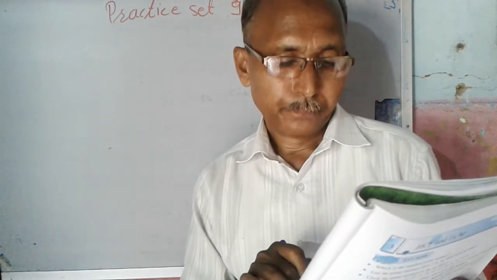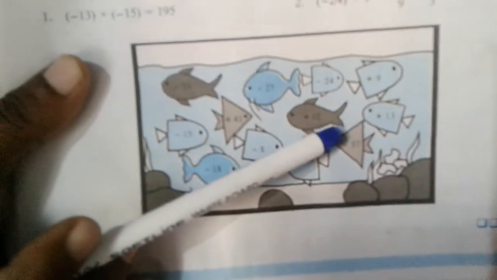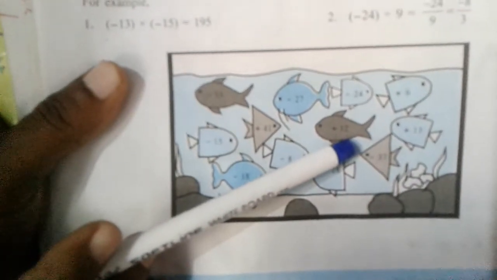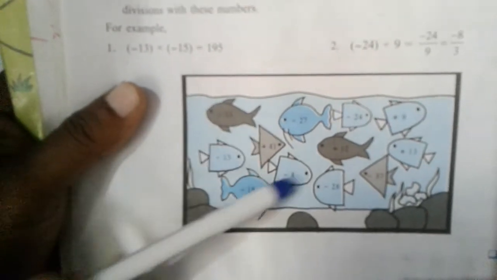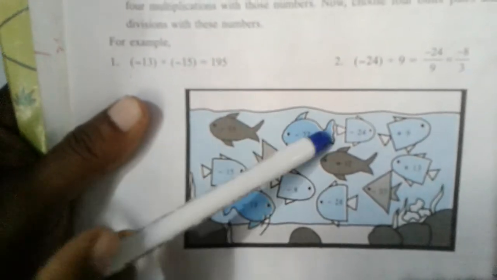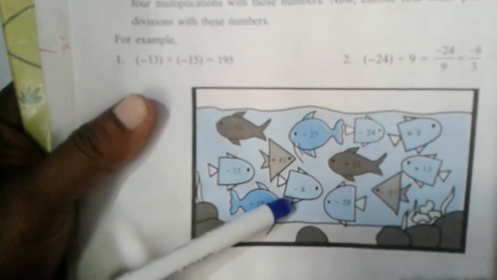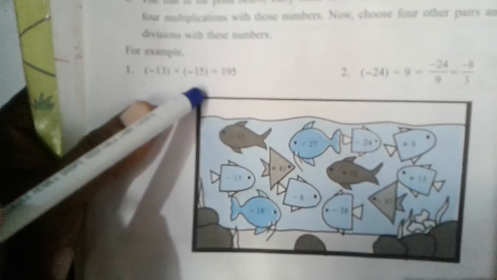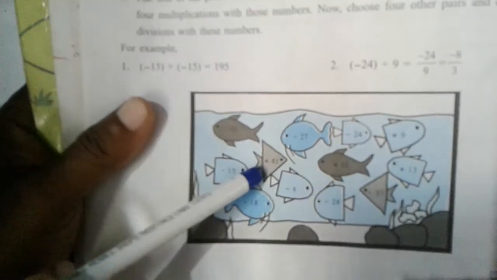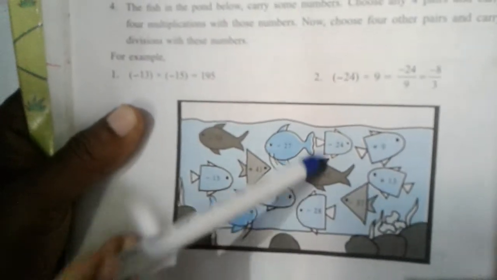Now see here, in the pond some fish are there, and these numbered fish are here. You can choose any one pair and find the multiplication. Also choose another pair and divide it. Now we will solve it.